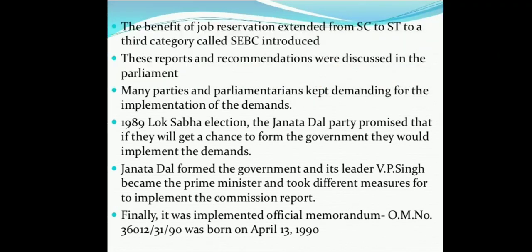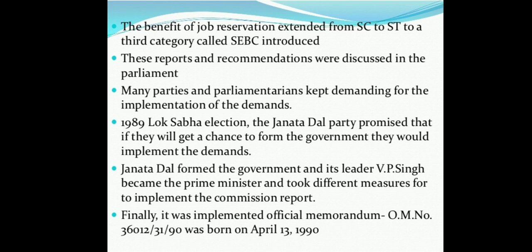Many parties and members of Parliament kept demanding the implementation of the demands. Whatever demands were given in the commission, many members said that more implementations should be made.